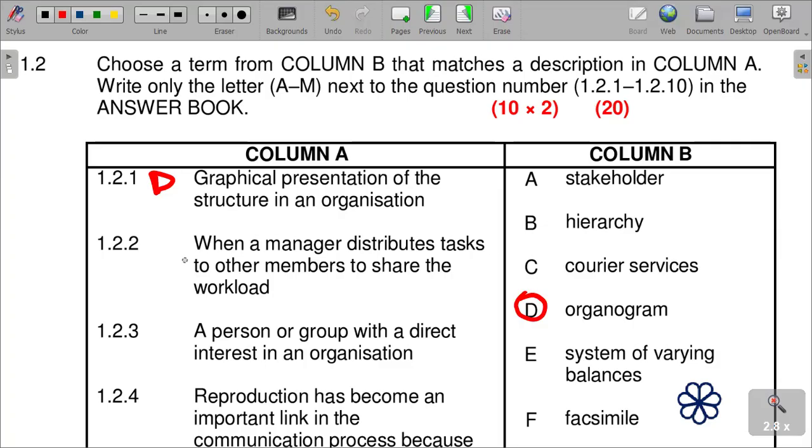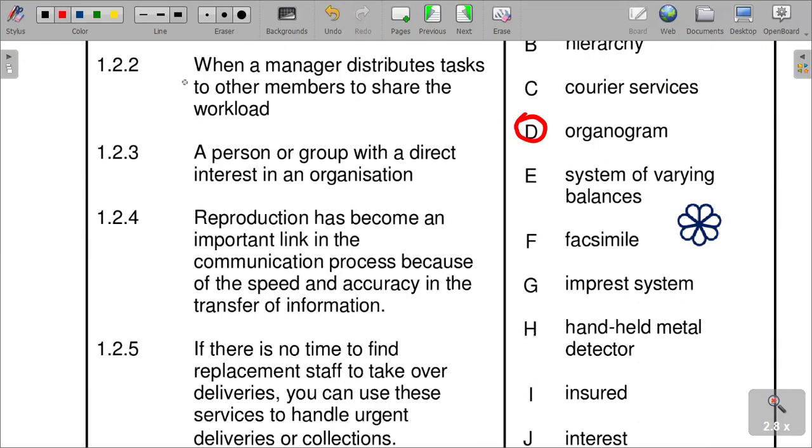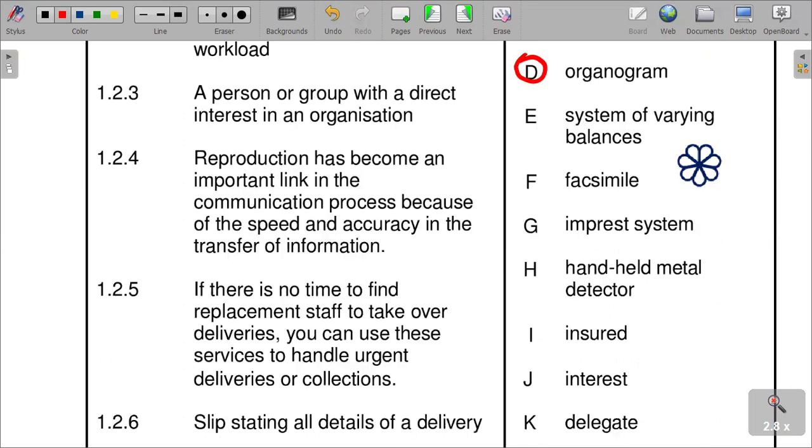When a manager distributes tasks to other members to share the workload, what do we call that? When we talk about distribution of tasks to other members, we mean delegation.